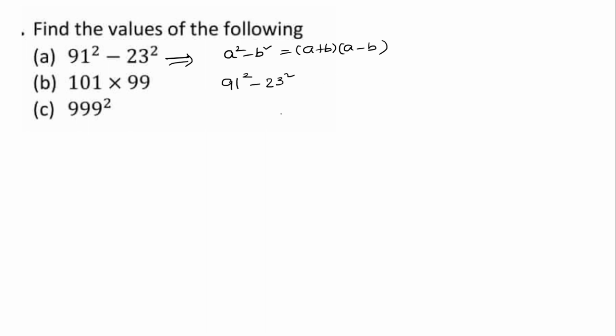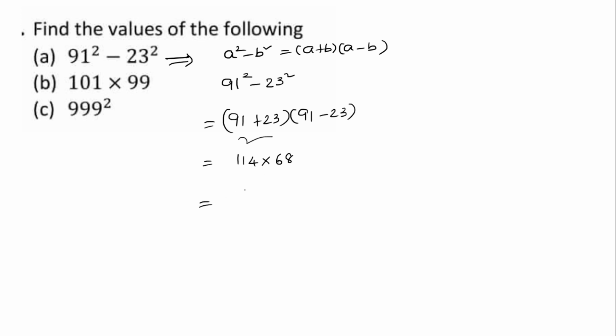Similarly, 91 square minus 23 square is 91 plus 23 into 91 minus 23, and 91 plus 23 is nothing but 114, into 91 minus 23. So from 91, if we take away 3 we get 88, take away 20 we get 68. So 114 into 68 can be found by doing multiplication.